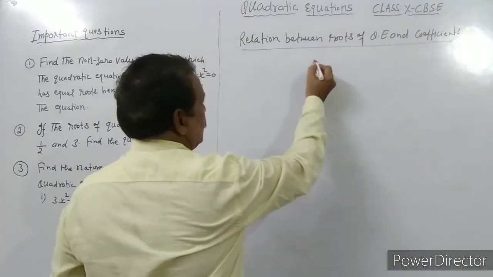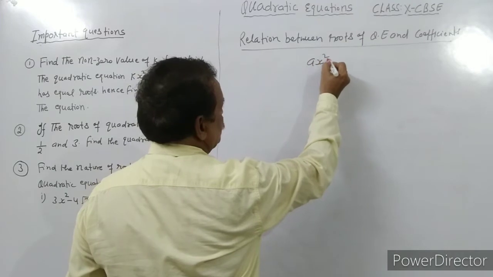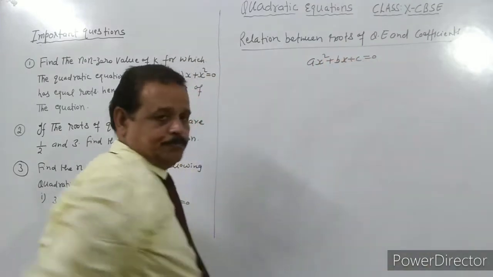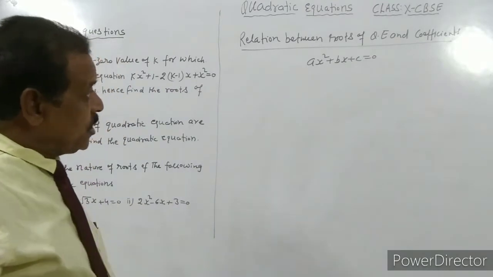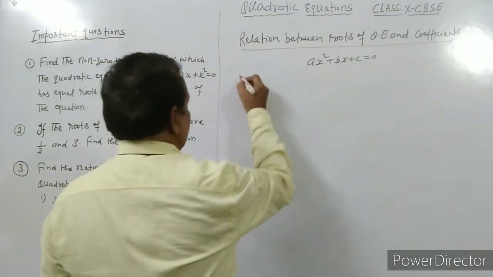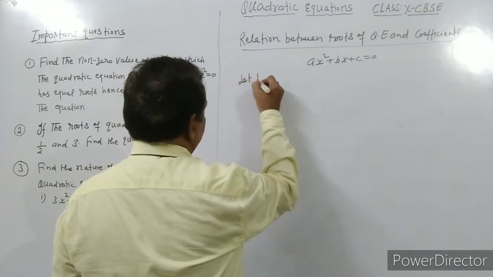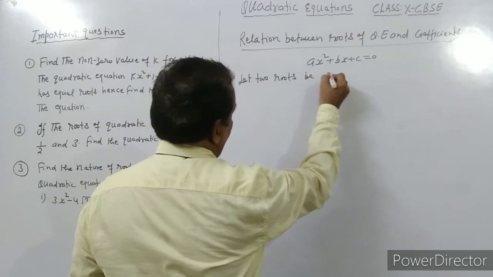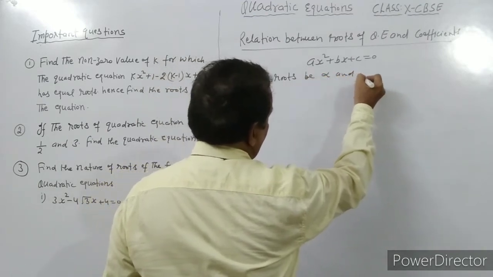Suppose this is the standard equation, ax square plus bx plus c is equal to 0. So for the relation between roots, let the two roots be alpha and beta.